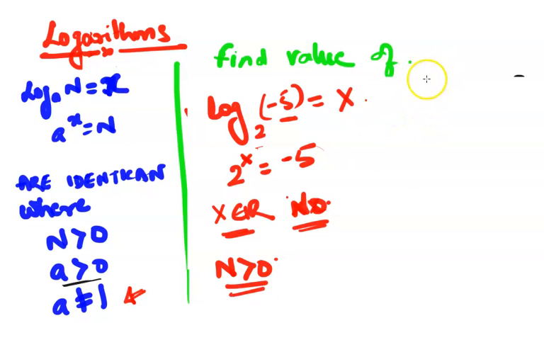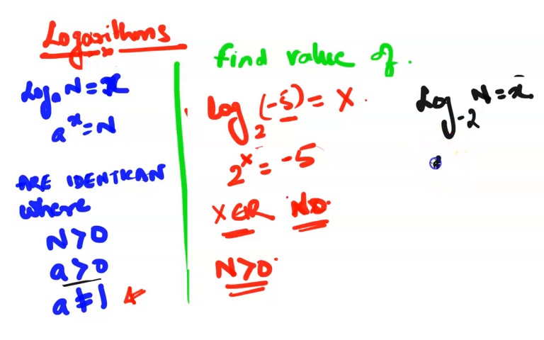Okay, let's take another example. We say log of n to the base negative 2 equals x.